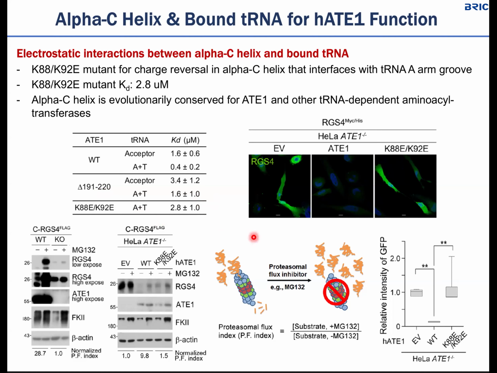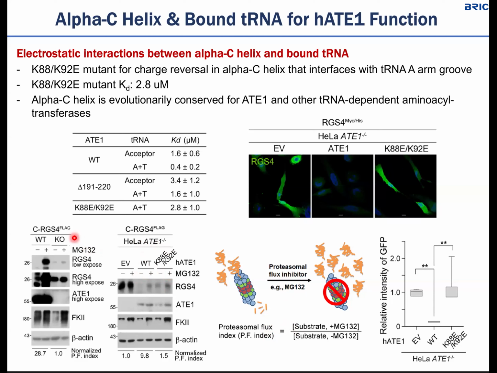And so to determine whether human AT1 specifically targets substrates in the N-degron pathway dependent on this alpha C loop helix, we measured the proteasomal flux of a known N-degron pathway substrate known as RGS4, in wild type and exon 5 deleted AT1 knockout HeLa cells, CRISPR-Cas9 generated HeLa cells, following proteasome inhibition via MG132 treatment.